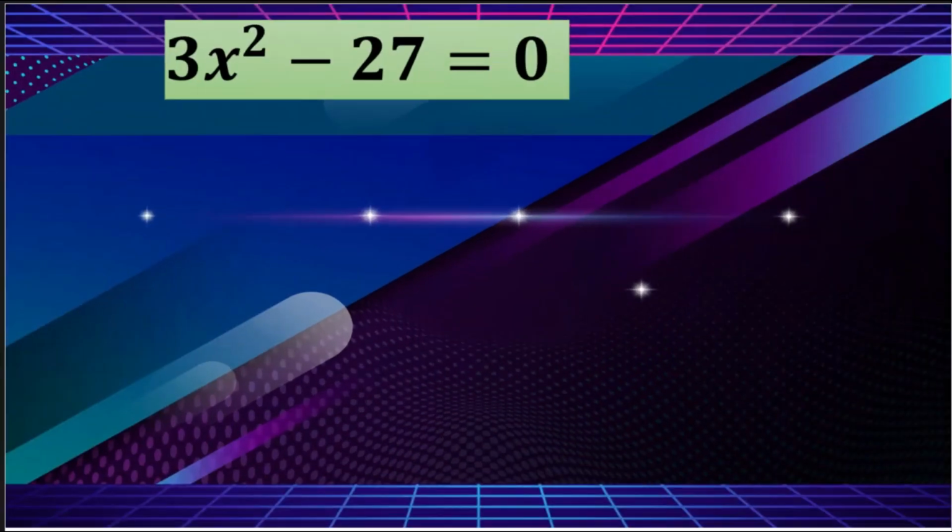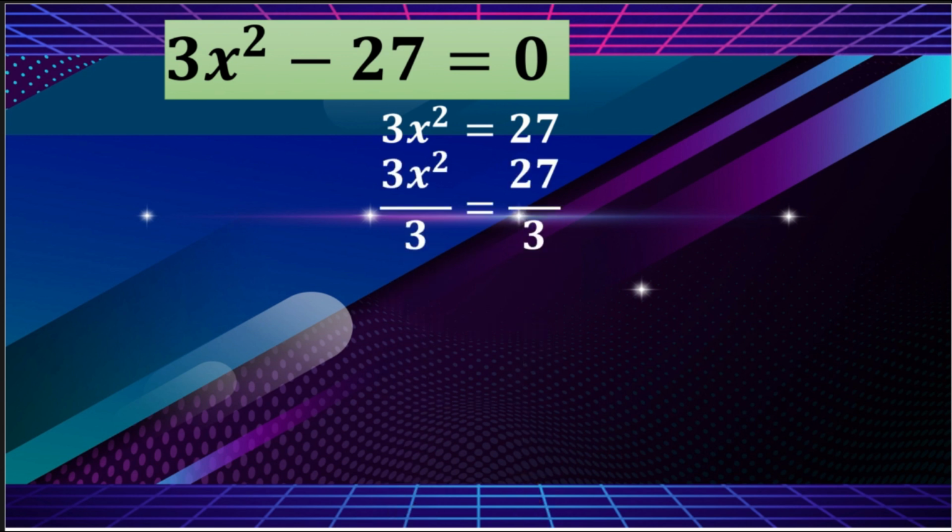Now, how about if our given is like this? How about if the value of our a is not 1? So our first step here is, again, we are going to transpose negative 27 to the other side and it becomes positive. Now we need to isolate x squared by dividing both sides by 3. The reason why we need to divide both sides is to cancel out 3.